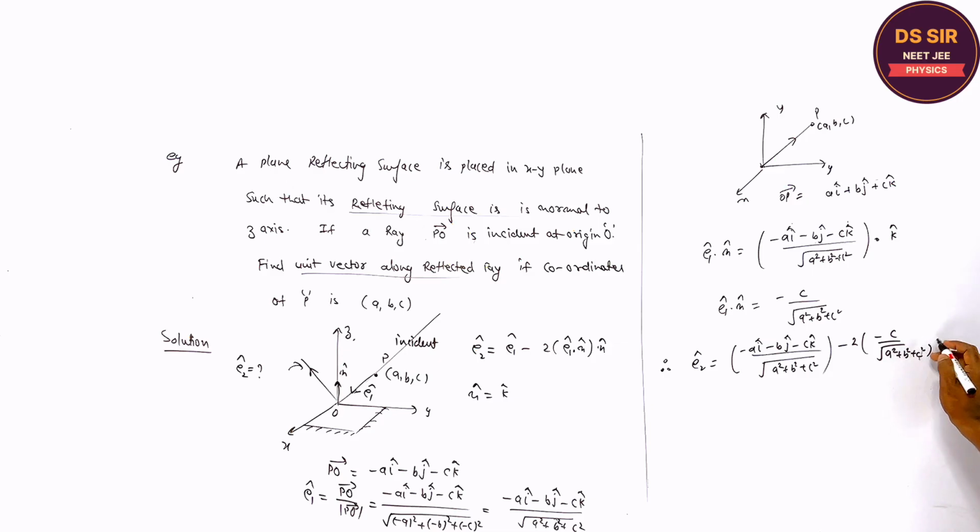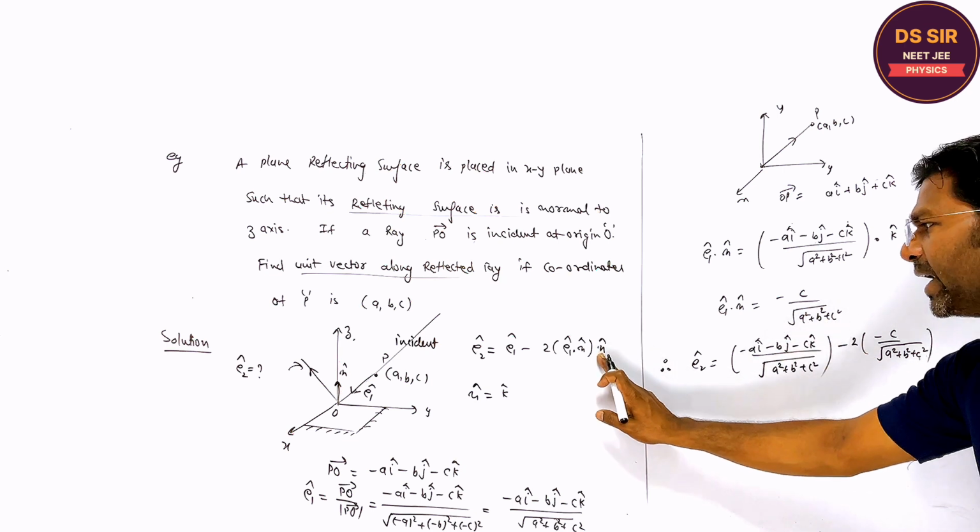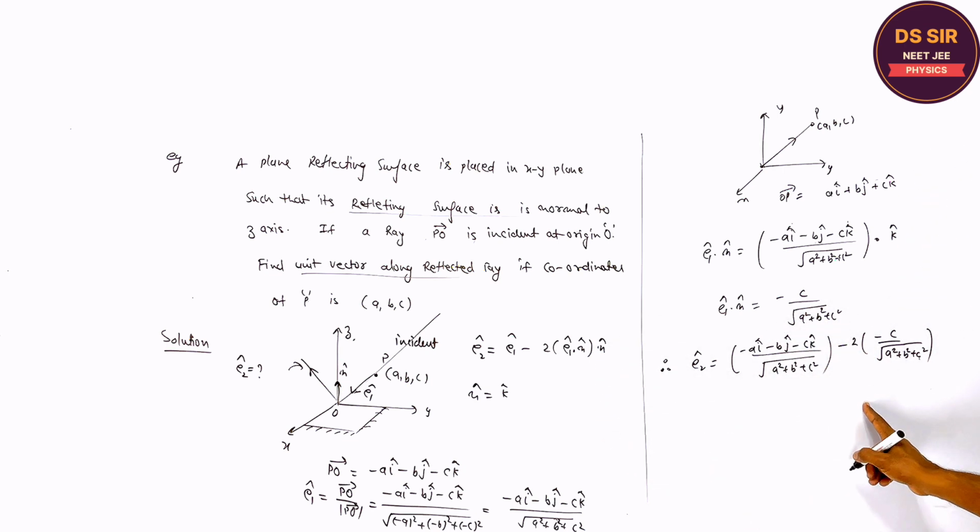This is the scalar product or the dot product, you can say, into n cap. And what is the n cap? The n cap is nothing but the k cap.